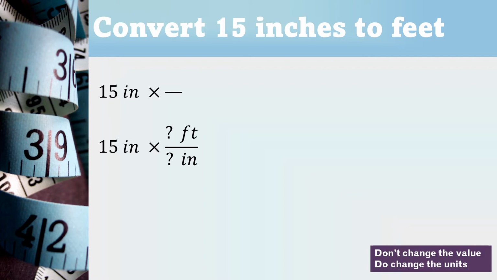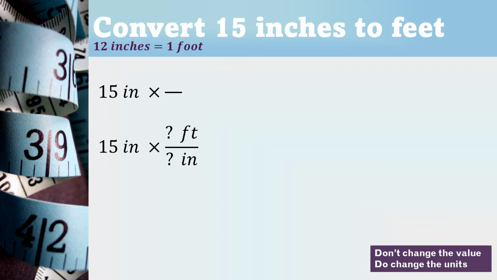Now, what can we do to make the top in feet equal to the bottom in inches? What facts do you know? You know that 12 inches equals 1 foot. So make yourself a little number sentence where you say that something about the top of the fraction equals some amount in the bottom of the fraction. So how many feet equals how many inches?